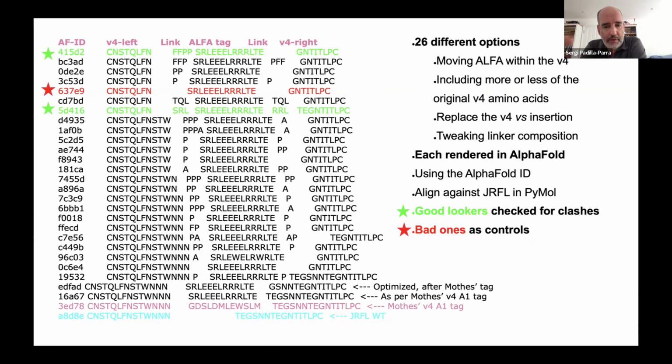We showed that there is no big impact as compared to the wild type, the insertion that we call the 415D2. These are numbers that are given by AlphaFold when you start playing with them.